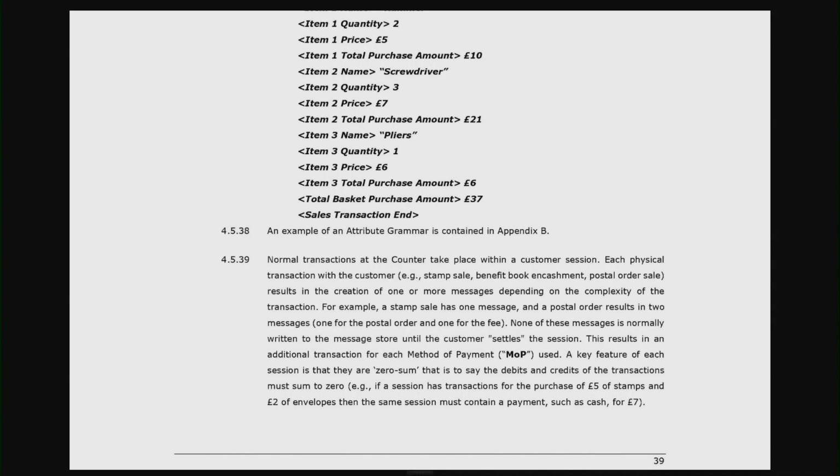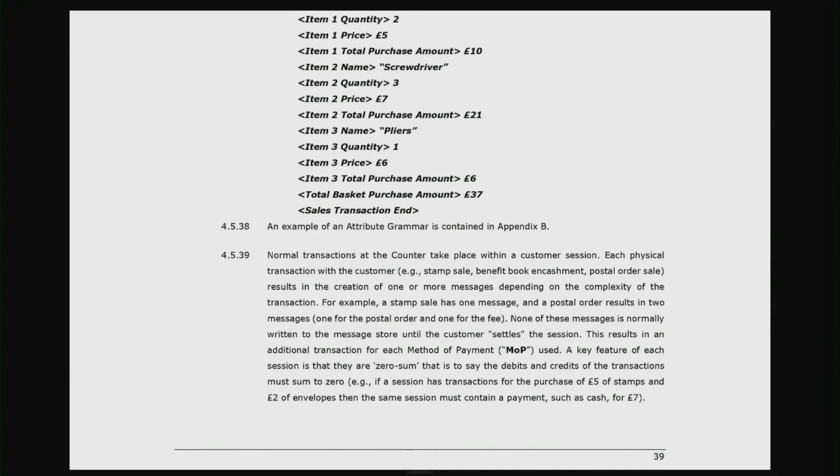Each physical transaction with the customer results in the creation of one or more messages depending on the complexity of the transaction. And then you say this, for example, a stamp sale has 1 message and a postal order results in 2 messages, one for the postal order and one for the fee. None of these messages is normally written to the message store until the customer settles the session. Can you just explain that, please?